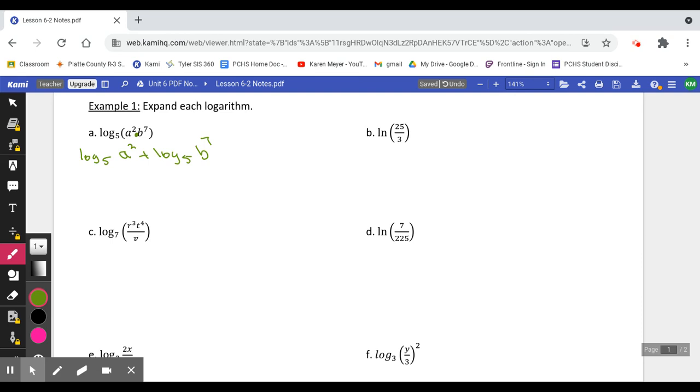If I have exponents, I get to take them and move them out in front of log. So 2 gets to go out in front of log base 5 of a plus move the 7 out in front of log base 5 of b, not y. And we're done.